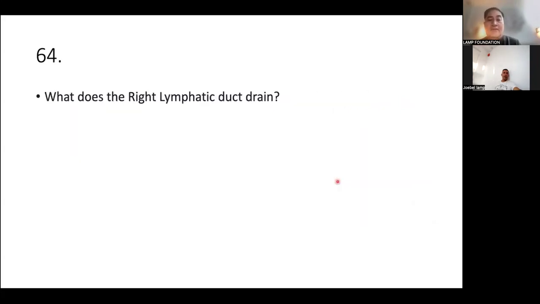What does the right lymphatic duct drain? The right head, the thorax, and the arm. What does the right lymphatic duct dump into? At the right subclavian vein.